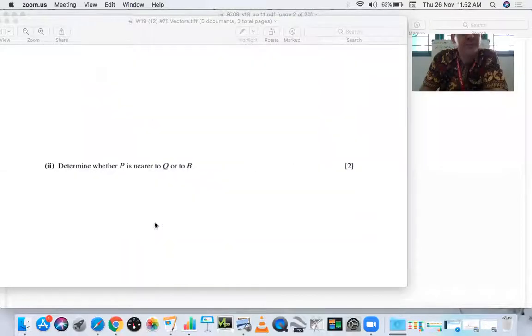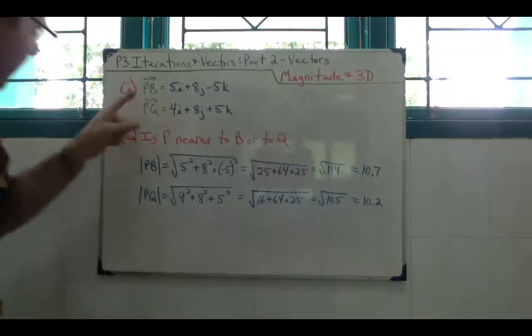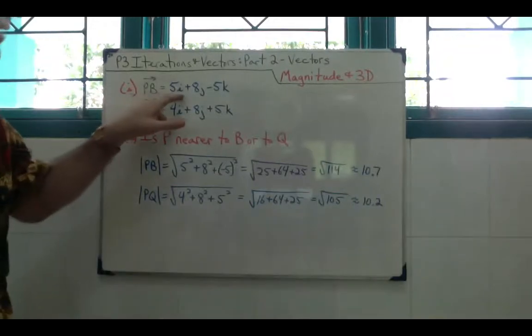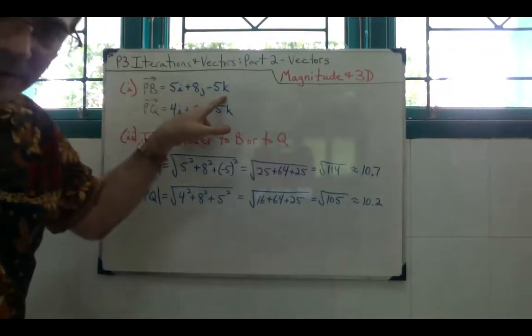Let's go back to the board. Well, actually, I need to show you the second part of the question, which says determine whether P is near to Q or to B. Is P closer to B or to Q? So here we are at the board. Here's PB, 5I plus 8J minus 5K.